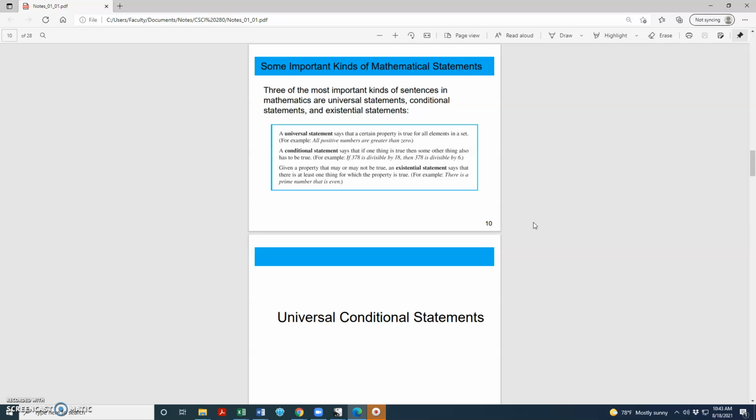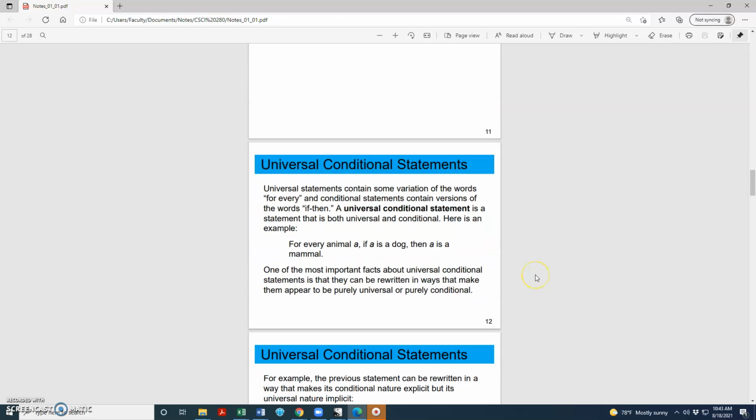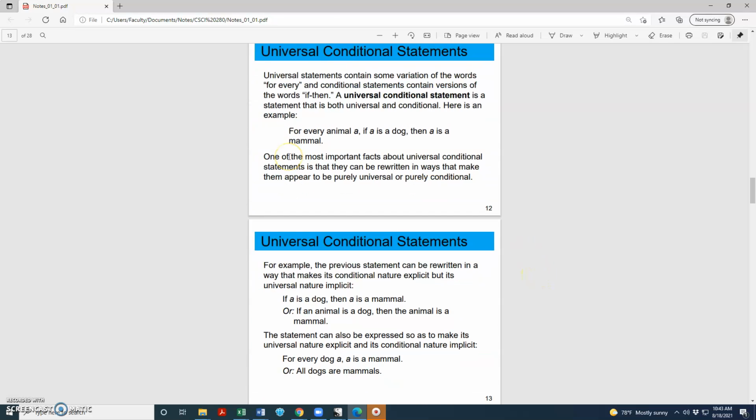All right, so let's try looking at combining these. Let's try combining universal and conditional statements. If you look at my initial statement here, for every animal A, if A is a dog, then A is a mammal. We've got the "for every," so there's my universal, and then we've got the if and then.